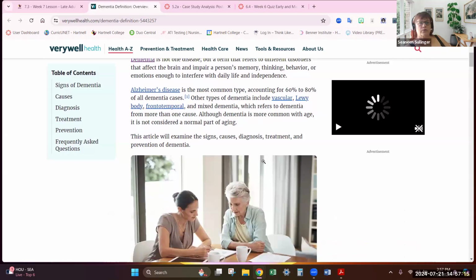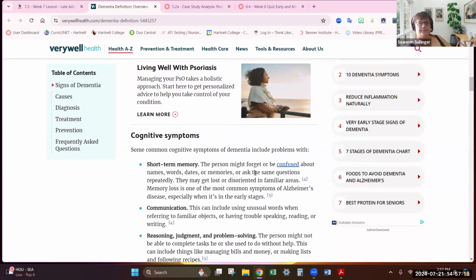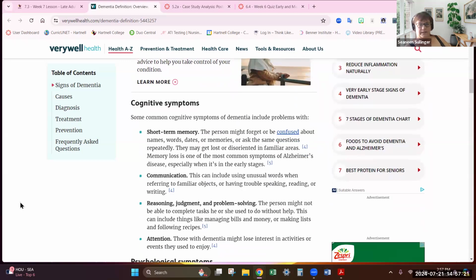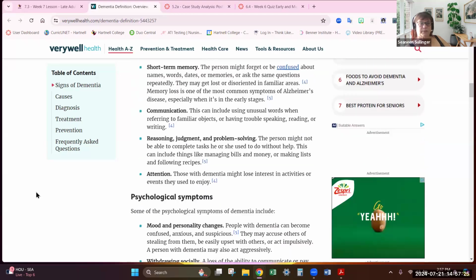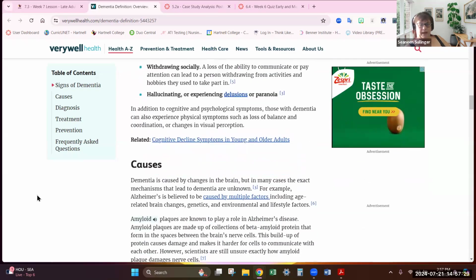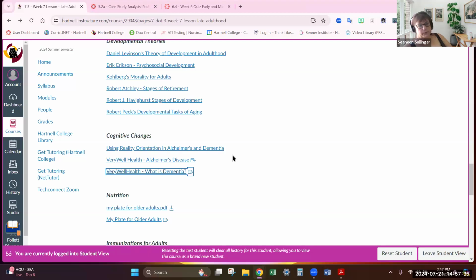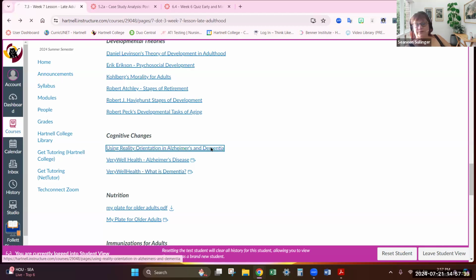This particular article looks at different causes and signs of dementia, things that you start to see deteriorating: memory, communication, judgment, problem solving. You can take a look at that on your own time if that interests you. And just try to reorient the person as much as you can, but not to the point of frustration for them.